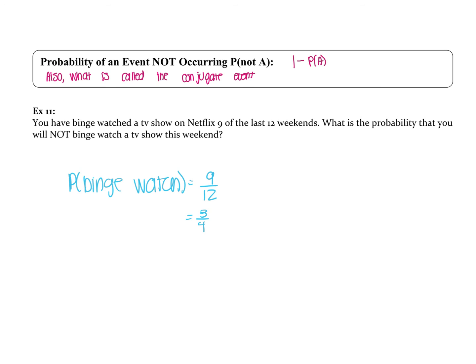Now we want to calculate the probability that you will not binge-watch. That is 1 minus the probability that you would binge-watch, which we just calculated. So this would be 1 minus 3/4, which means the probability that we would not binge-watch would be 1/4.